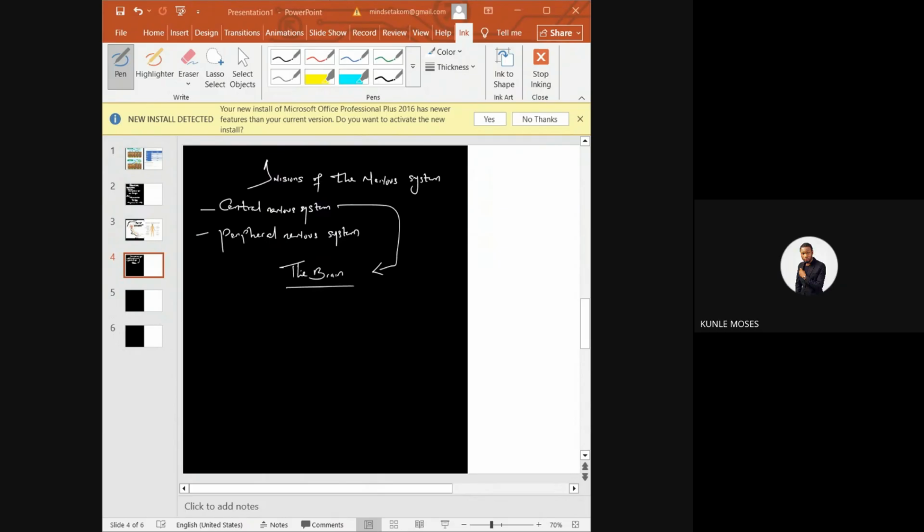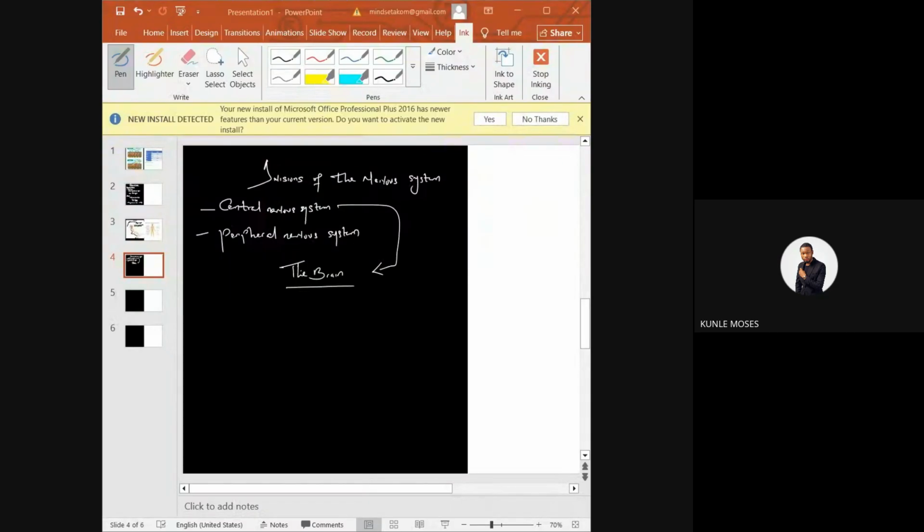Reflex actions are mainly controlled by the dash. I think I explained that. A, cerebrum. B, spinal cord. C, cerebellum. D, hypothalamus. Cerebellum.